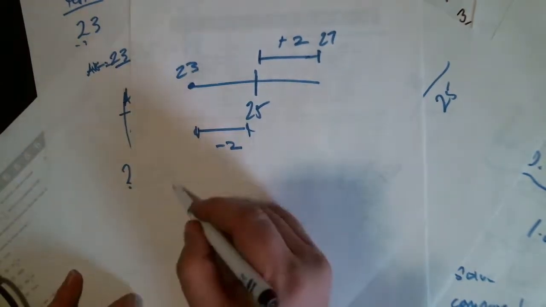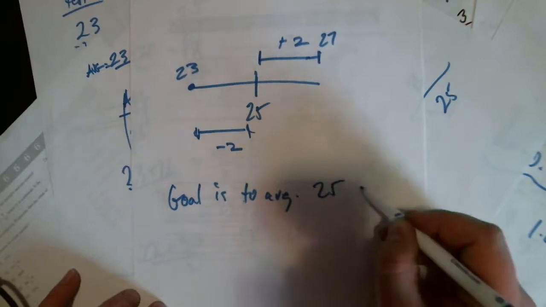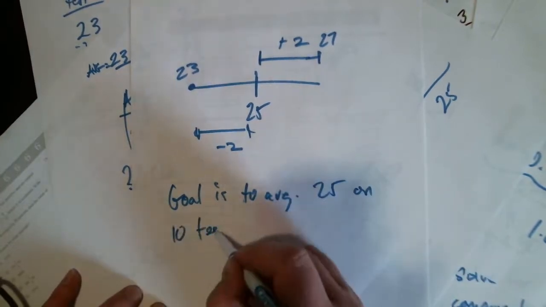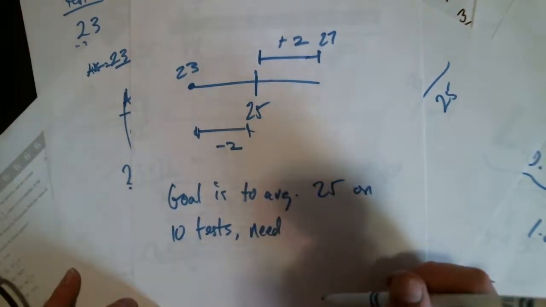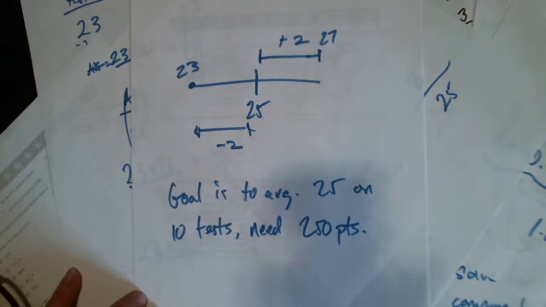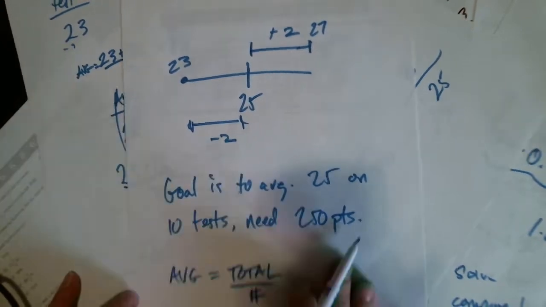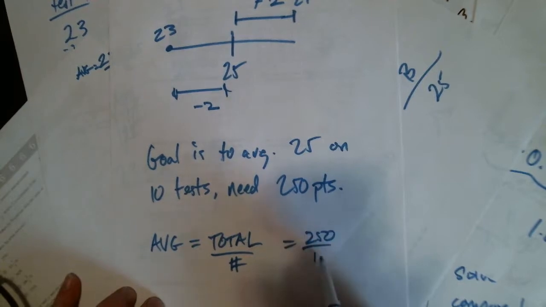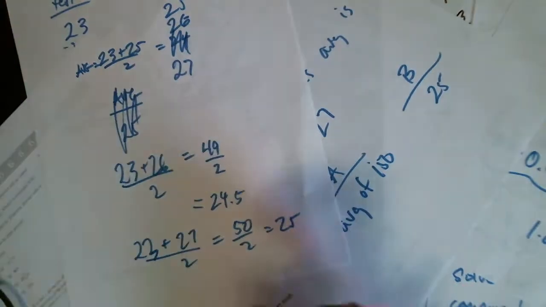In other words, if your goal is to average 25 on 10 tests, what you really need to do is get 250 points, one way or another. Because in the end, your average is your total over the number. So as long as that total is 250, you're okay.